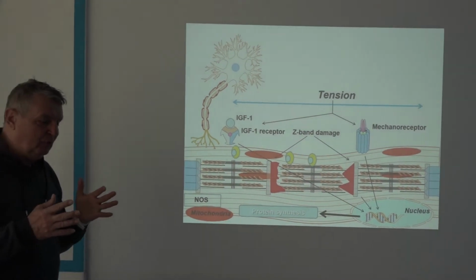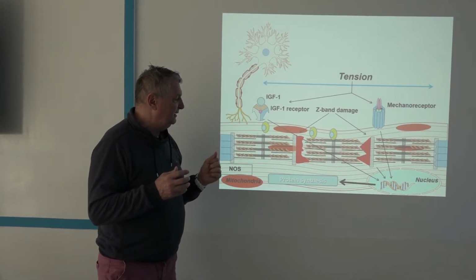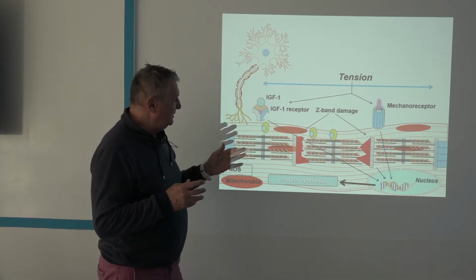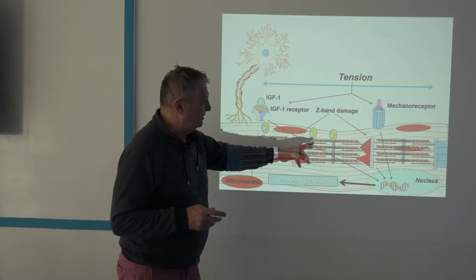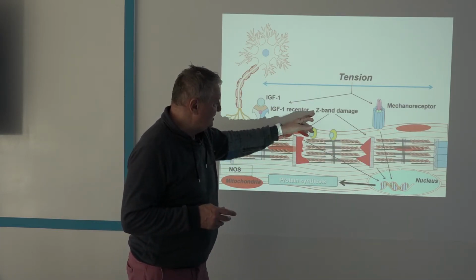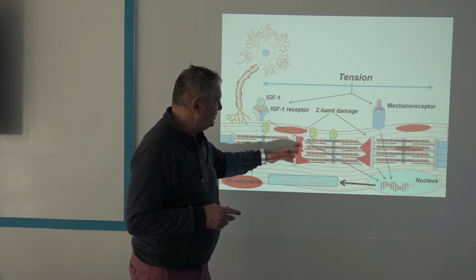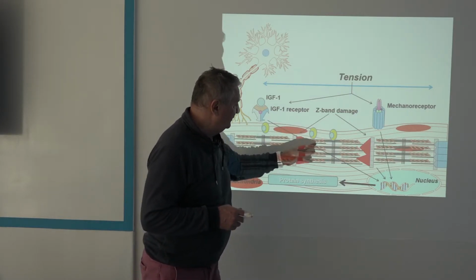You have to have a load which actually would result in, we believe, this disintegration; what you can see here is a Z line. So probably the damage, this disintegration of the Z band or Z line, could be extremely important.